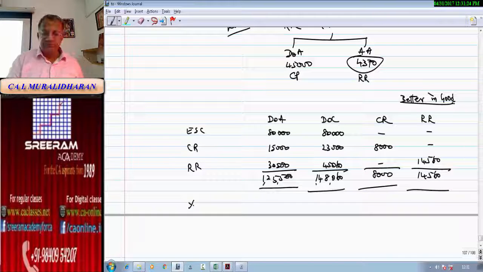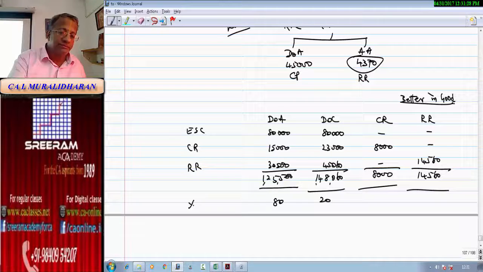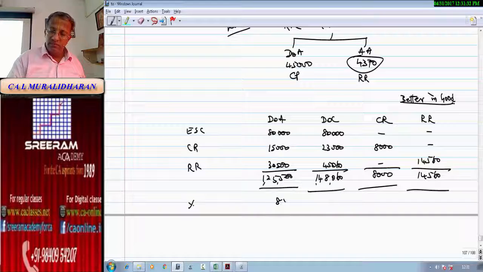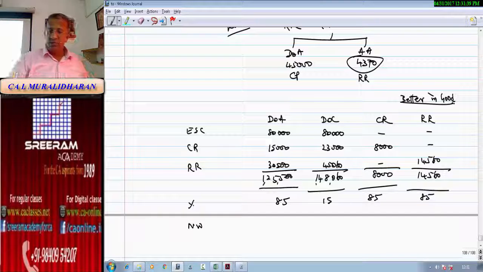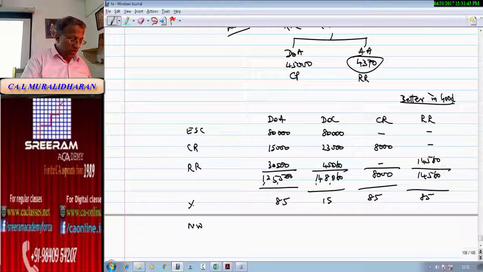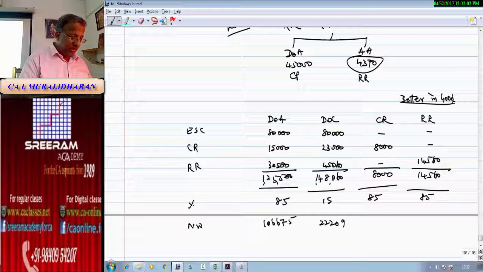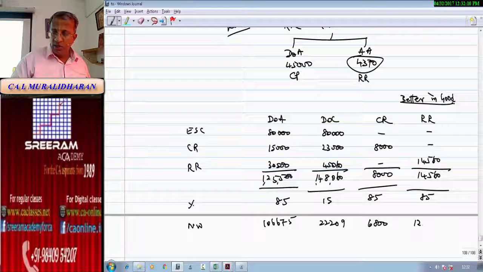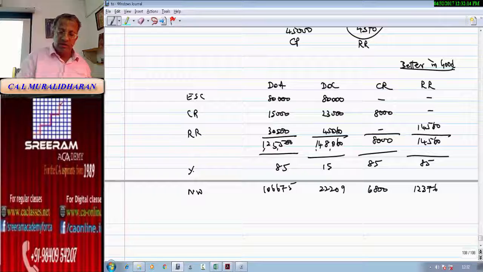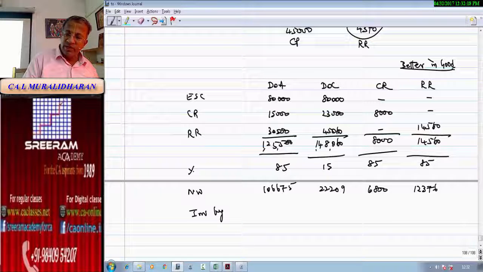Percentage of holding: 80-20, 85. Net worth: 125,500 into 0.85 is 106,675. 148,060 into 0.15 is 22,209. 8,000 into 0.85 is 6,800. 14,560 into 0.85 is 12,376.